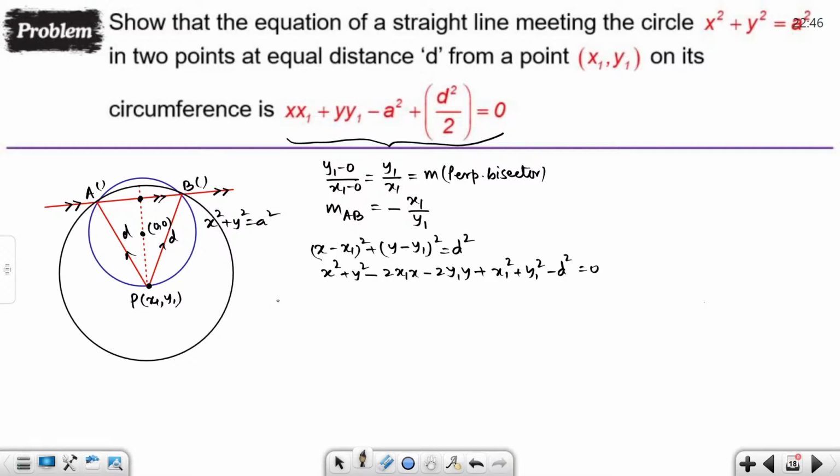Now as x1, y1 is lying on the circle x square plus y square equals a square, hence it must satisfy this equation, that is x1 square plus y1 square equals a square. So let me just replace this part with a square.